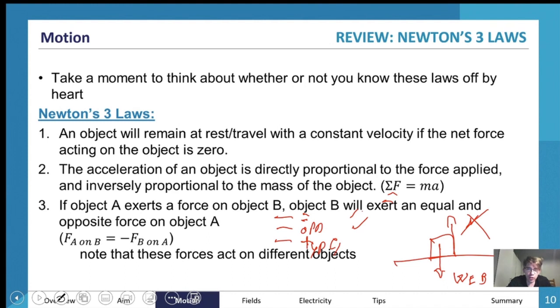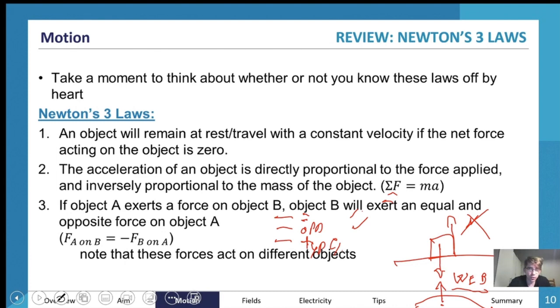Because the reaction force doesn't have to be of the same type, but it needs to apply on different objects. For example, the reaction force to the weight force that the Earth applies on block B is the weight force that the block applies on the Earth.